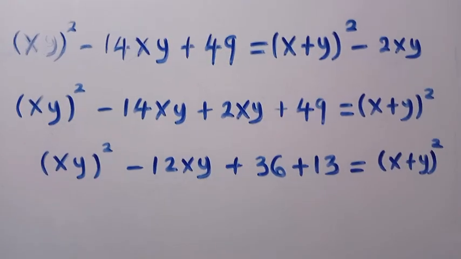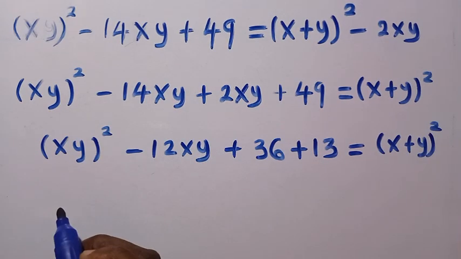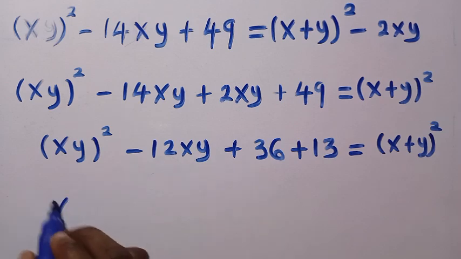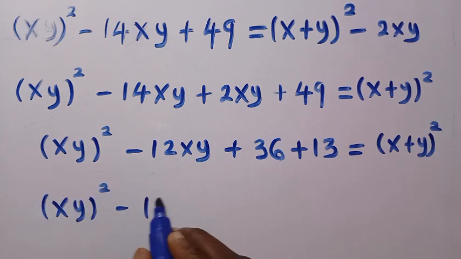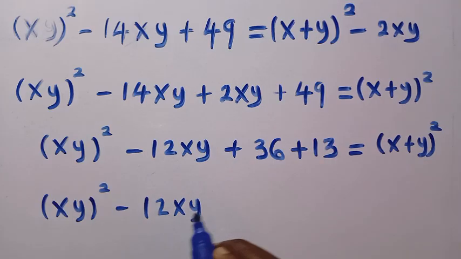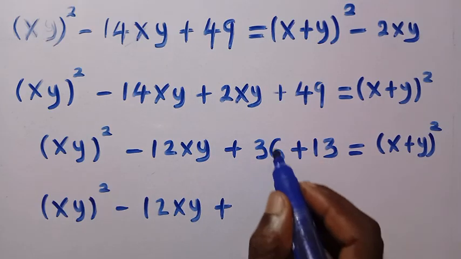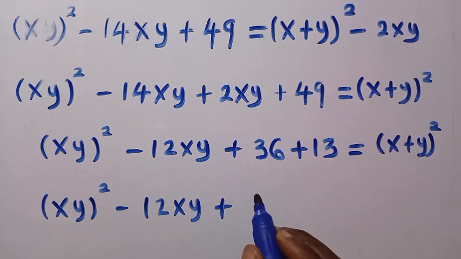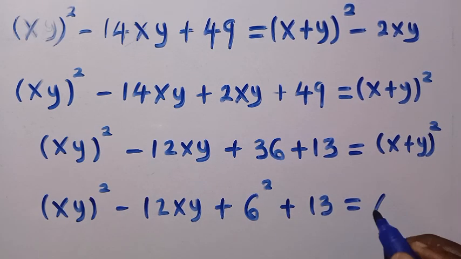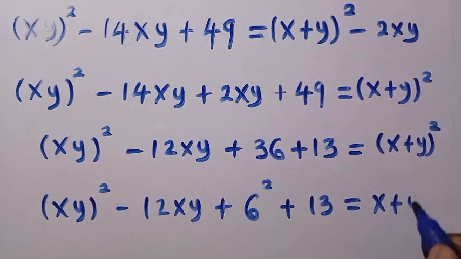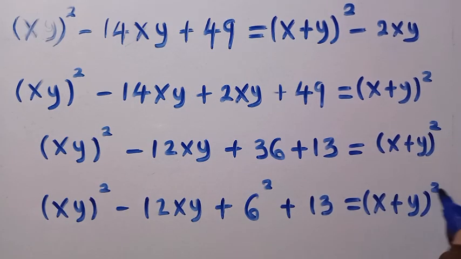So moving on, here we have (xy)² − 12xy + 36, which we can write as 6², then plus 13 equals (x + y)².